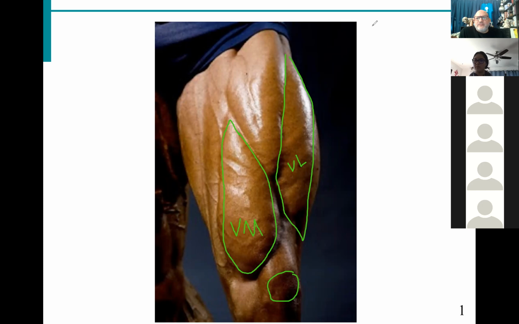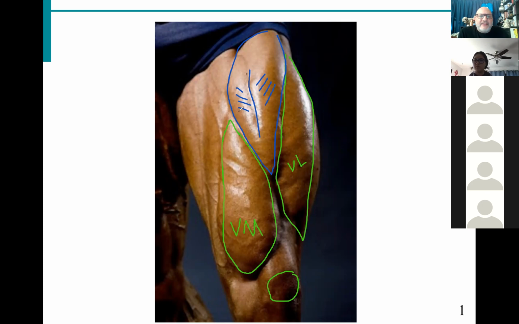It turns out the rectus femoris is indeed here, but notice in our bodybuilder, it's much, much shorter. And we can actually see why. Notice as we look at this bodybuilder's leg, we can actually see that tendon in the center. Remember, this is a bipennate muscle.